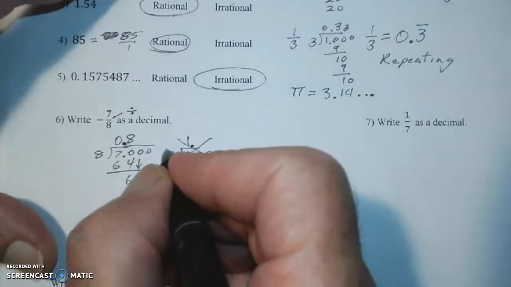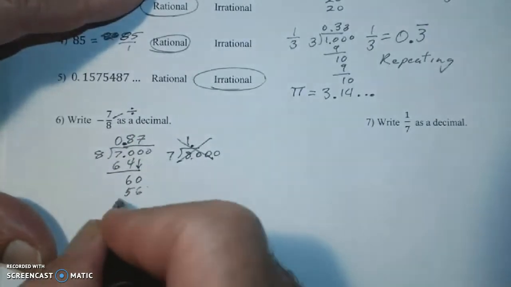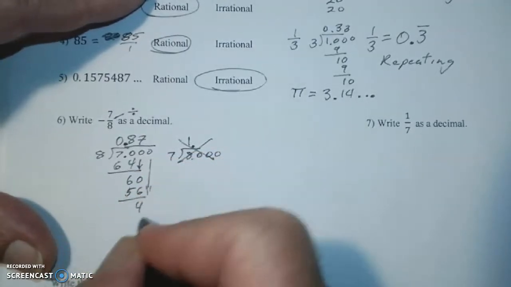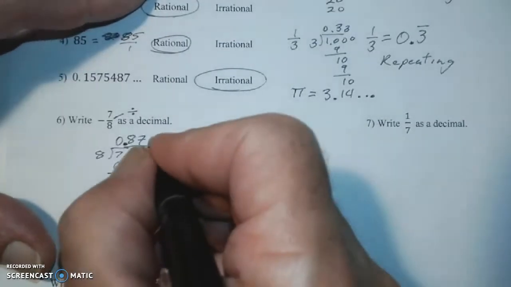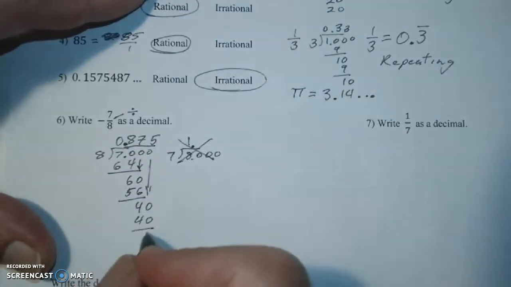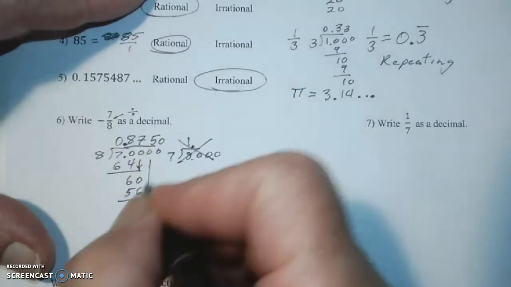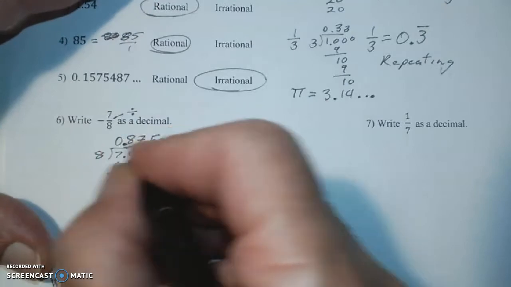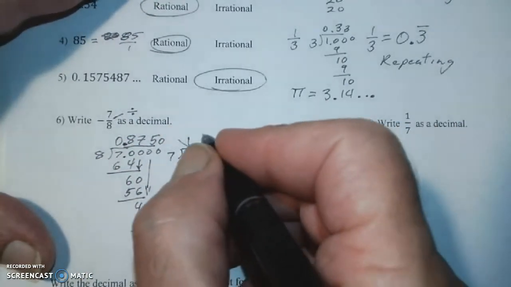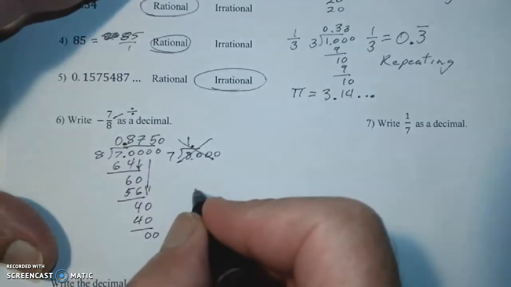The closest we could get would be 7 times 8, which would be 56. Subtract, you get a 4, which is a wonderful thing because now when you bring down your 0, it's going to go 5 times. That will be 40 exactly. You'd get 0. If you brought another 0 down, you'd have to say it goes 0 times. It terminates with repeating zeros at the end. We could put more zeros if we wanted, but we would normally just write it as simply as possible.